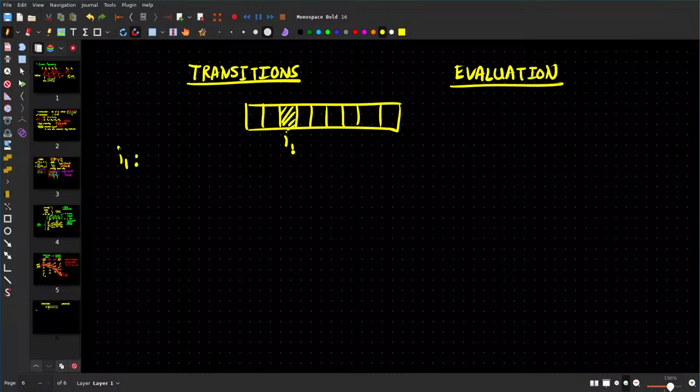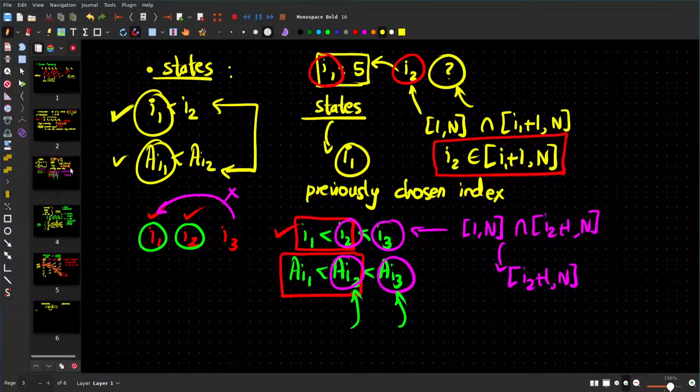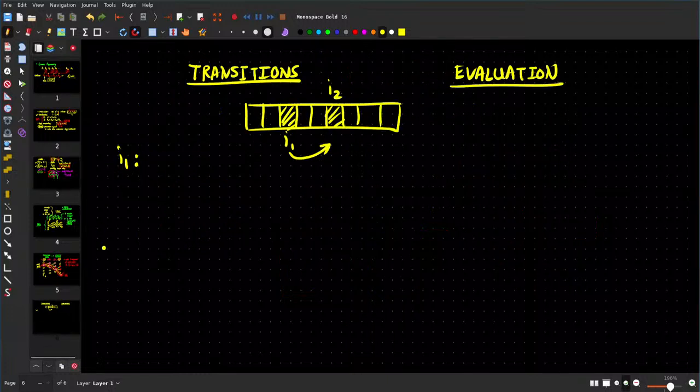Now after we have given something to I1, we will try to give I2 any index which is to the right of it, and obviously this condition will also be taken care of when we are doing that. So let's say this was I1 then I2.